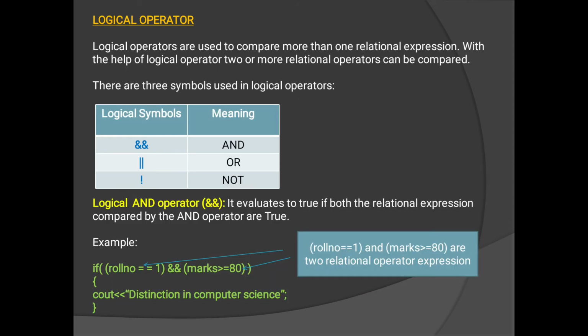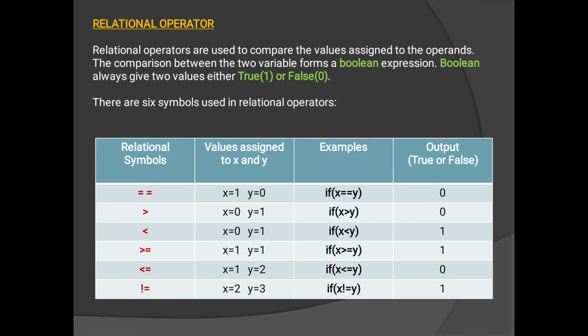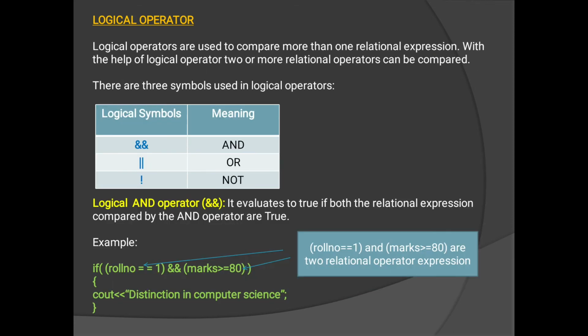Next you have the logical operator. In a relational operator, you are comparing only one expression, that is x and y. You're comparing only two variables, and two values. So it forms only one expression. Now in a logical operator, you compare more than one relational expression.